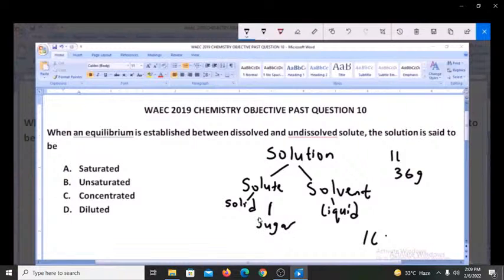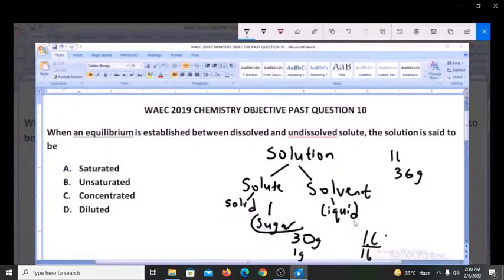If you dissolve a considerably large amount of sugar in 1 liter of water, say 30 grams of sugar in 1 liter, the solution can be said to be concentrated. Then for a diluted solution, you have a relatively small amount of dissolved solute. So for example, in this same sugar and water instance, let's say you dissolve just 1 gram of sugar in 1 liter of water, the solution can be said to be diluted.